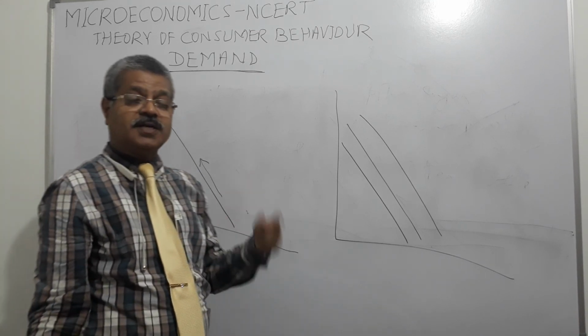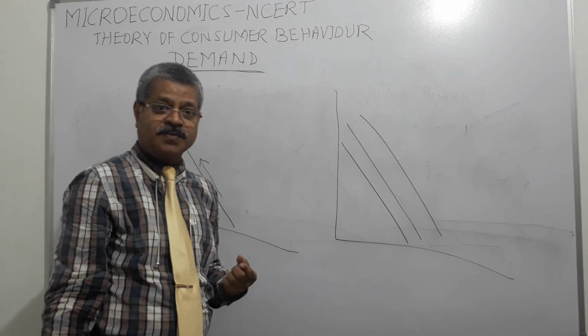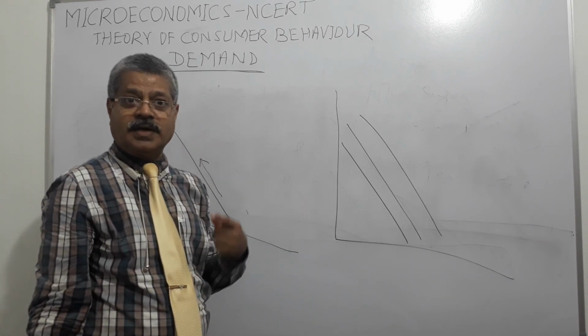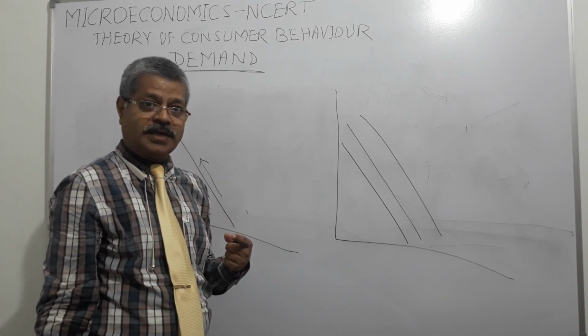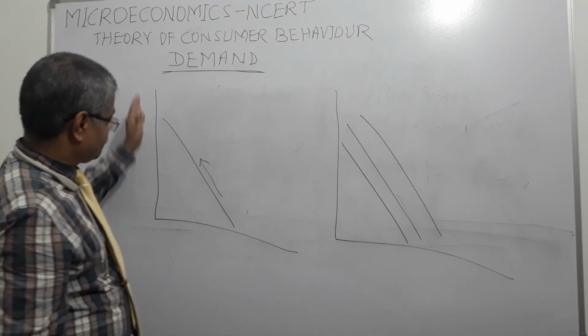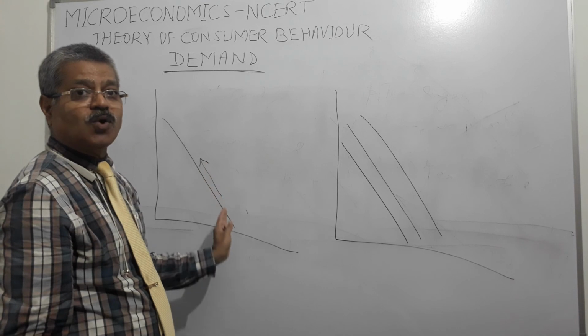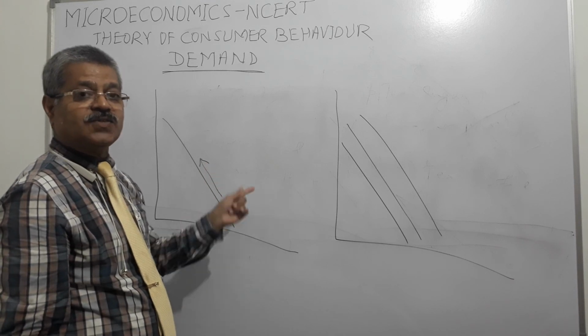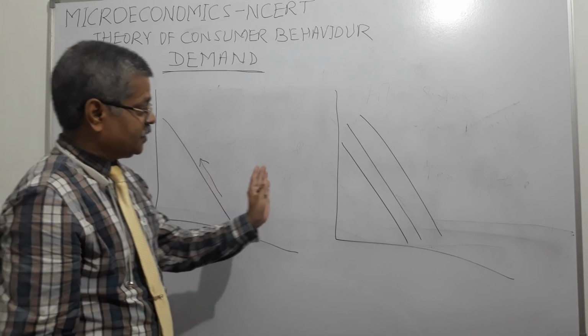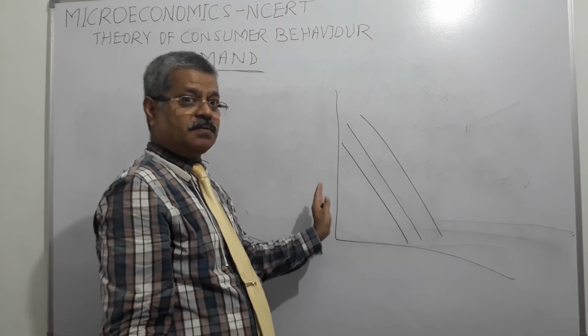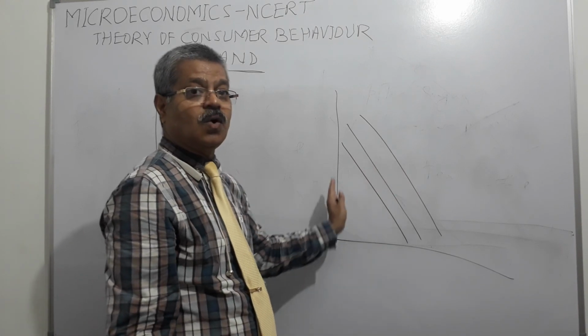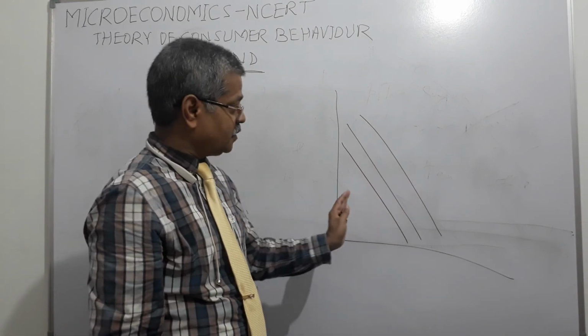In case of any difficulty, you can approach me on my email ID, which will be there at the thumbnail to the video, right? So once again you remember, there is movement along the demand curve in case of change in price. There is a shift of the demand curve in case of all other factors, right?